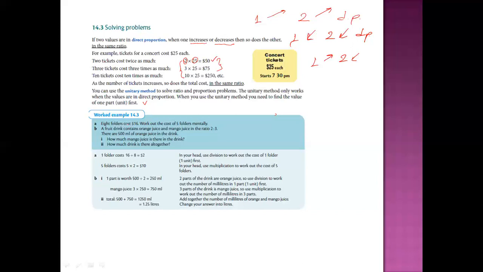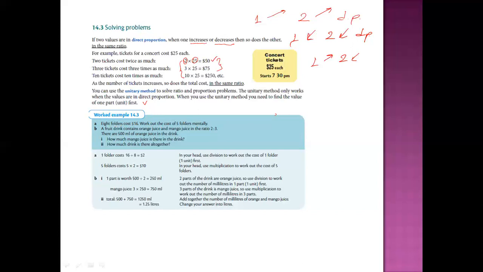Let's start. Option A, first example: 8 folders cost $16. There we have 8 folders and the total cost is $16. Work out the cost of 5 folders mentally.